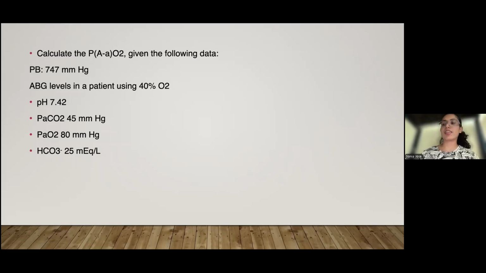So how did you get the answer? 7 into FiO2 40, minus PCO2 45 plus 10, so we'll get the alveolar oxygenation, and then we'll minus the PaO2, arterial oxygen. Okay. All are clear about that?